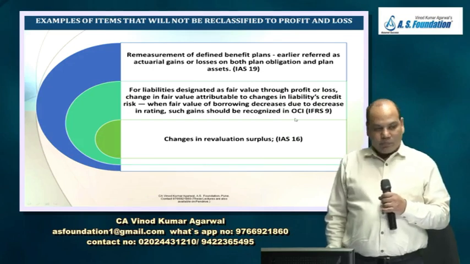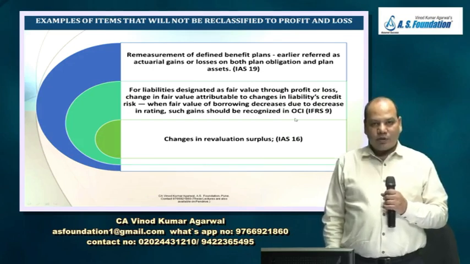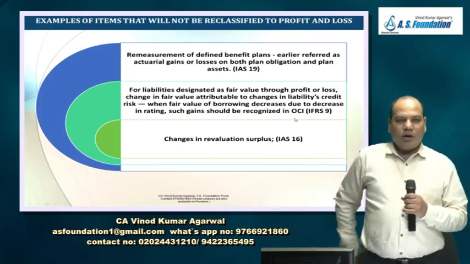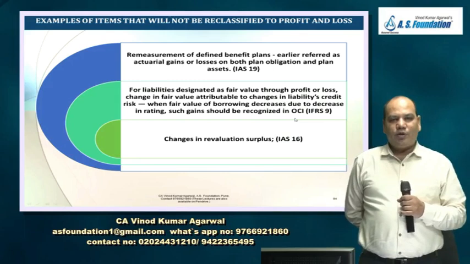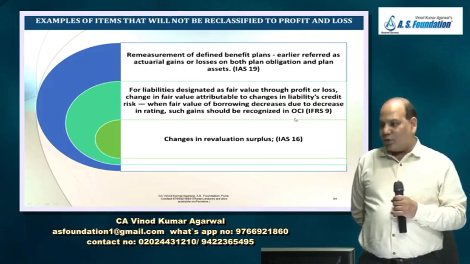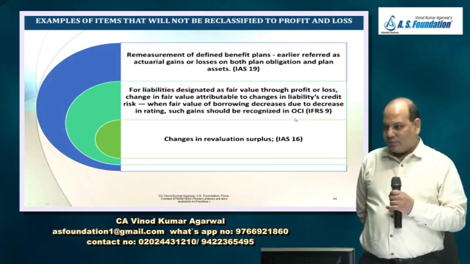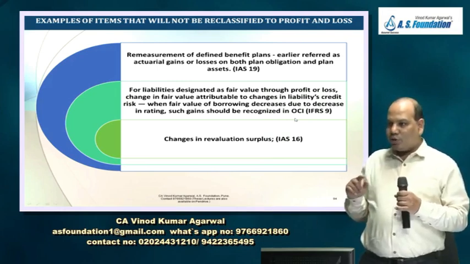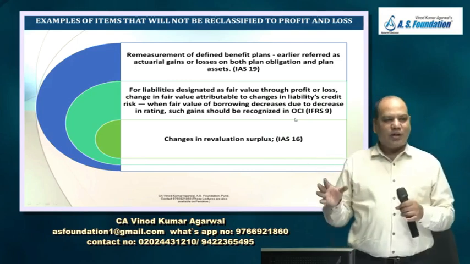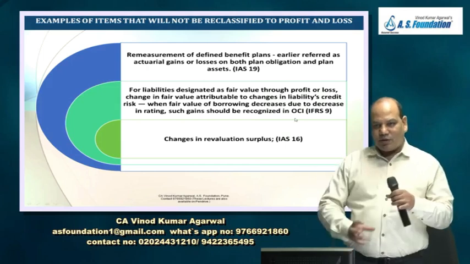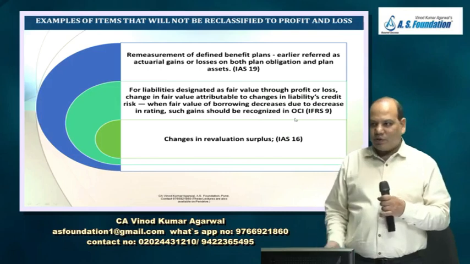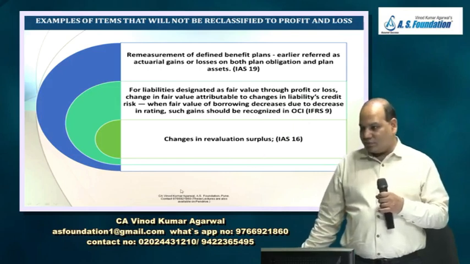And the third one, change in revaluation surplus, IAS 16. This you know a little bit. If property, plant and equipment is revalued upward, the gain is credited to an account called revaluation reserve, but first it will be shown in OCI. When that asset is sold or discarded, the balance lying in this account is transferred to another reserve, whichever reserve the standard says, IAS 16.